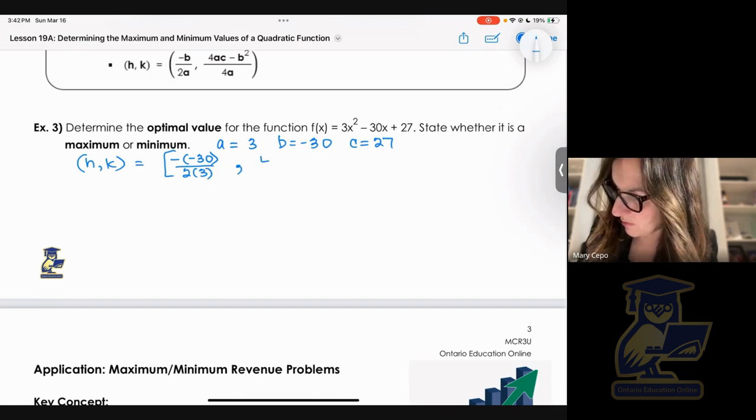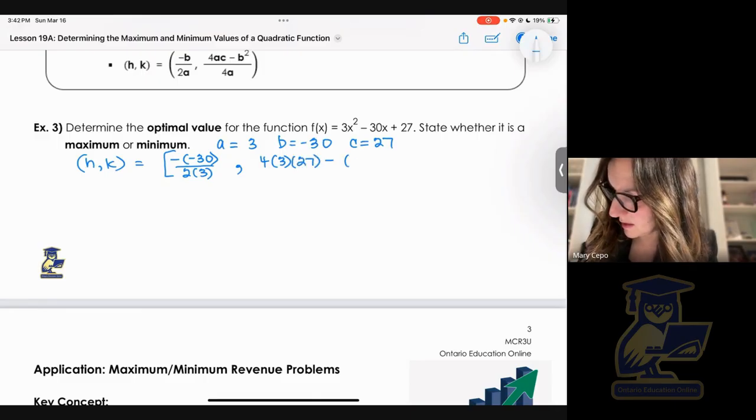And then we're taking 4 times a times c minus negative 30 all squared, all over 4 times a.